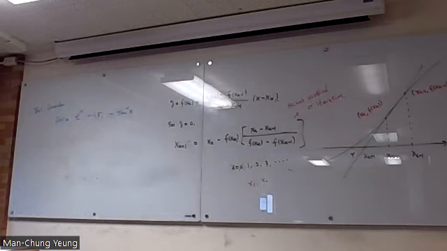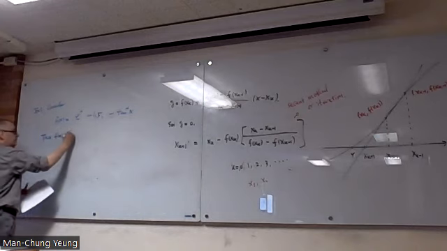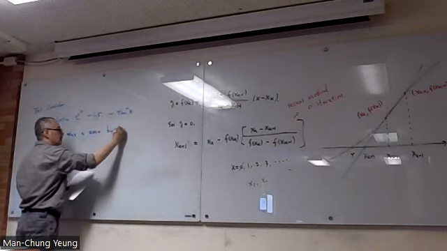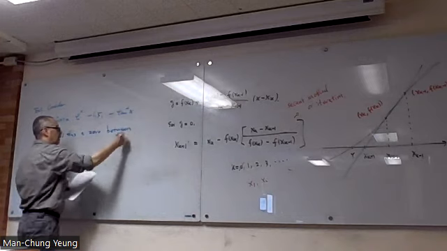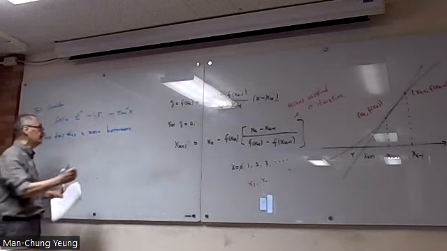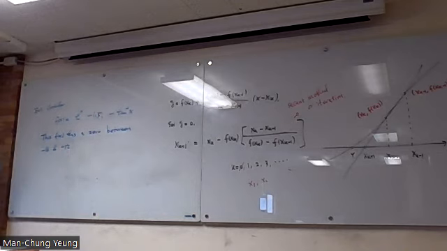This function has a zero, or a root, same meaning, between negative 16 and negative 12. And now I want to find the zero.